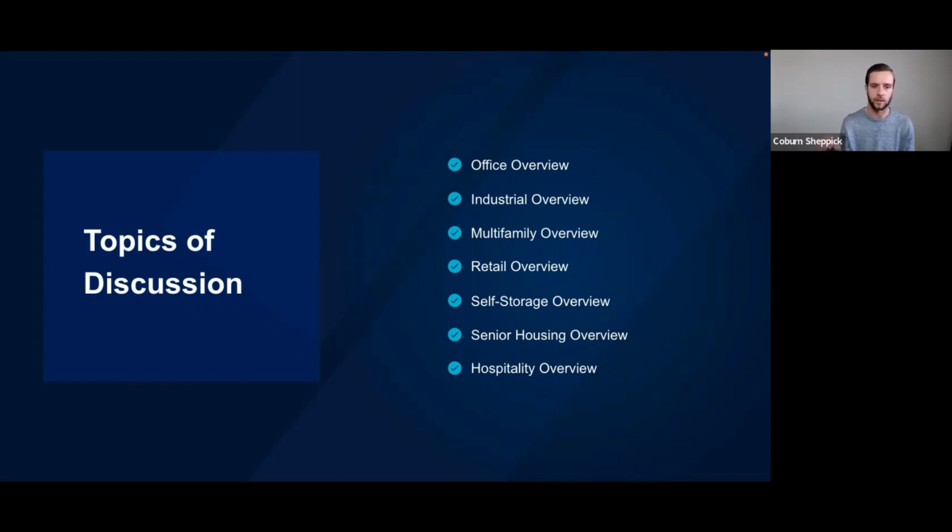We're going to do an overview of office, industrial, multifamily, retail, self-storage, senior housing, and hospitality. There's a lot of ground to cover, but we're going to keep it high level and talk about the overall asset class. Each of these can be further segmented into property types, but we're not going to get into that today. We're going to talk high level overview, the demand drivers, and some considerations.